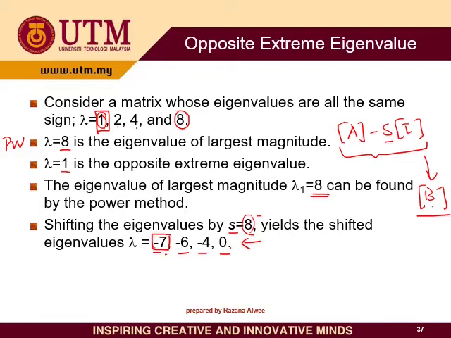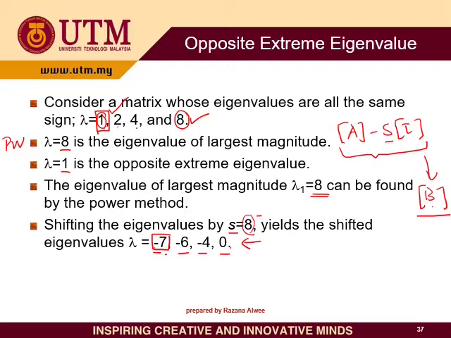So by doing this shifted power method, we can find the opposite of the extreme eigenvalue. Power method, you will find 8, the largest one. Shifted power method, you will find the extreme opposite, 1 here, which is the smallest one.